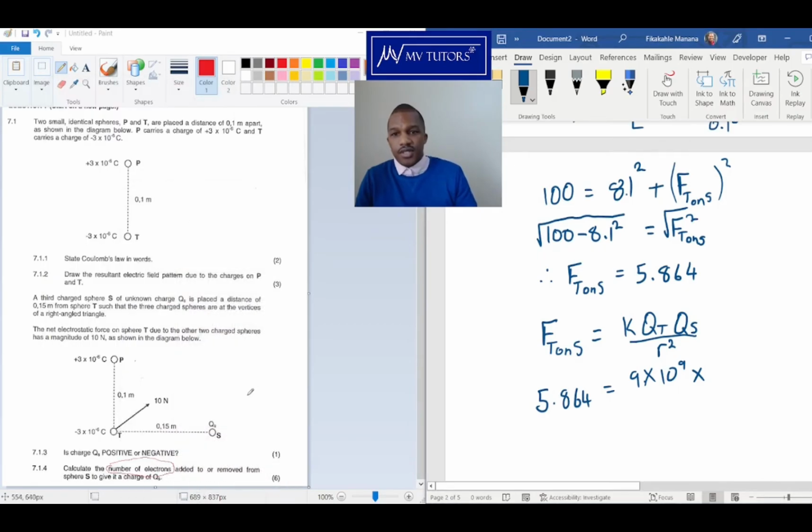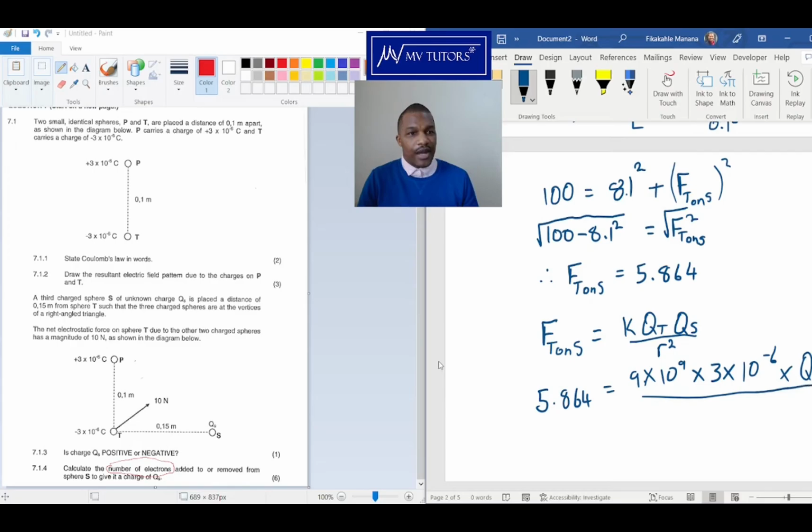Do we know what QT is? Yes, we do. It's 3 microcoulombs. 3 times 10 to the power minus 6 times QS, which is what we're looking for, divided by the distance between them, which has been given right there, 0.15, and it must be squared.